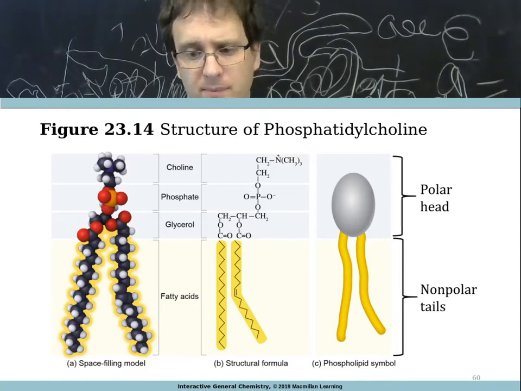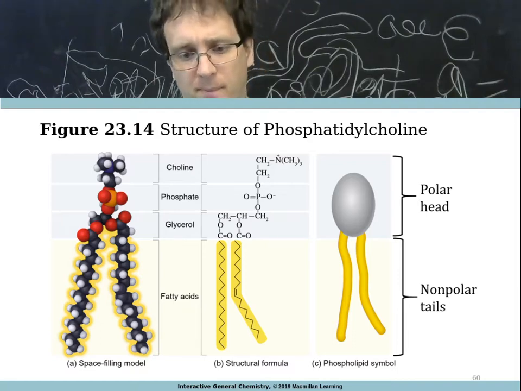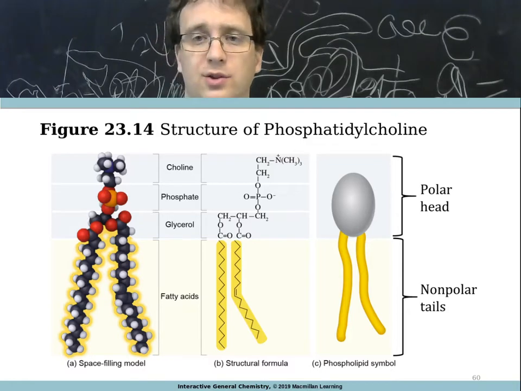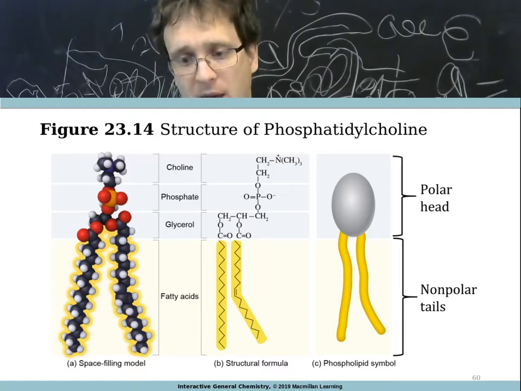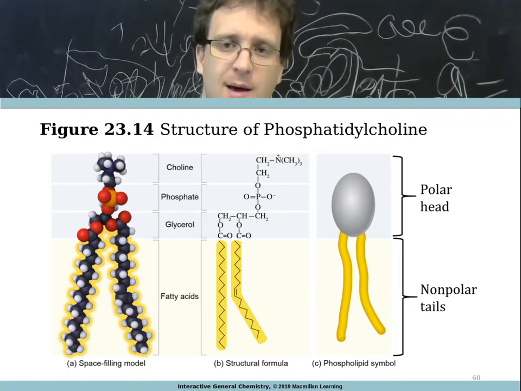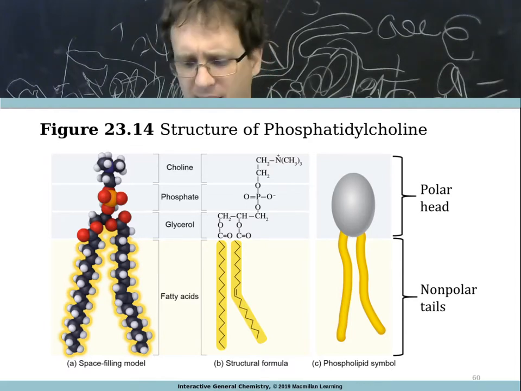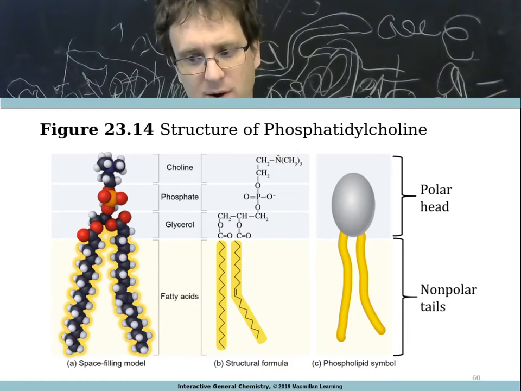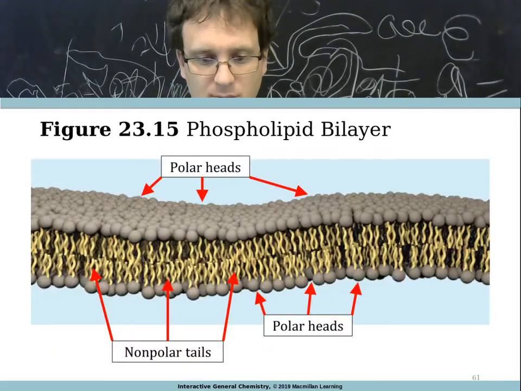It's not only polar, but it actually has full charges, and so that's going to form lots of really strong attractive interactions with other polar molecules like water. Essentially, a phospholipid is water soluble on one end, but water insoluble on the other end. And that's what makes phospholipids do what they do in the body.